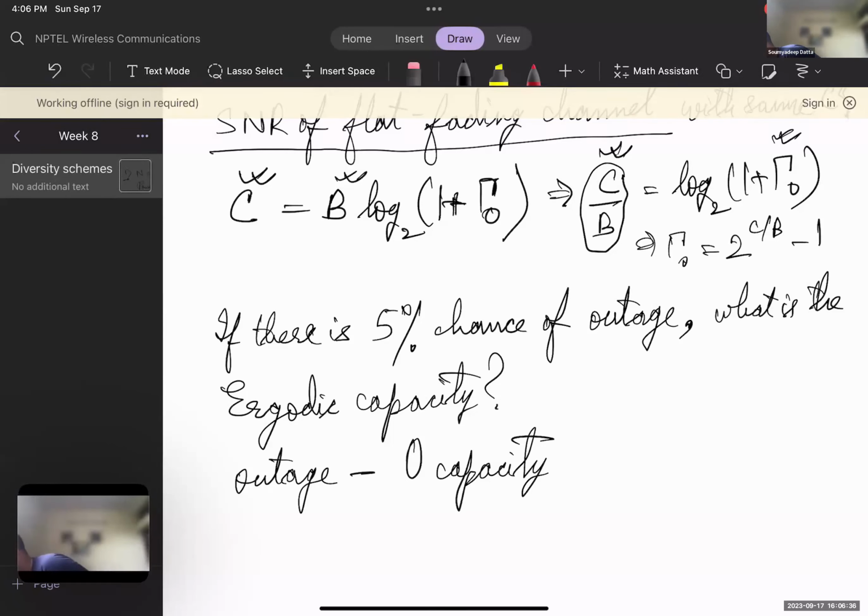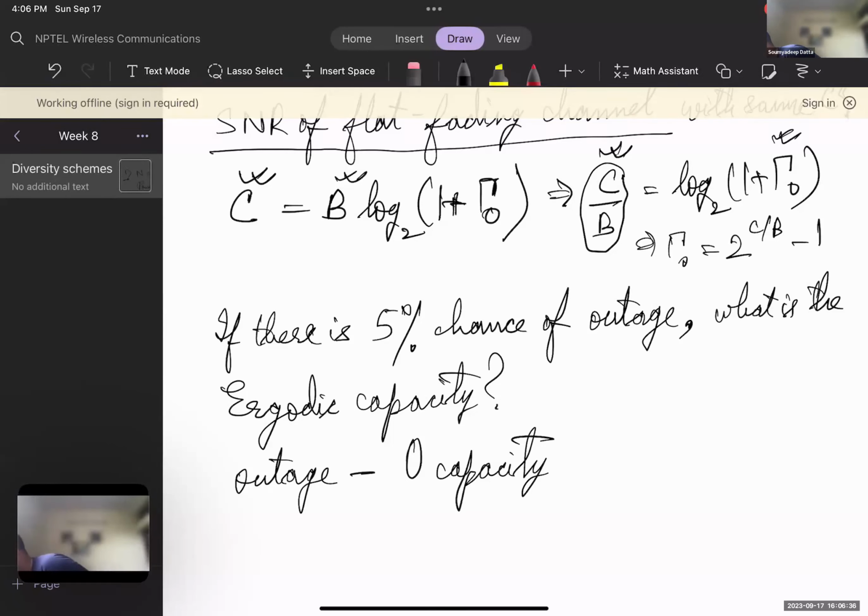You have already calculated C in the previous part, right? Here you were not told anything about outage, so the assumption was that if there is no outage, this will be the capacity. When there is outage, it is zero capacity.